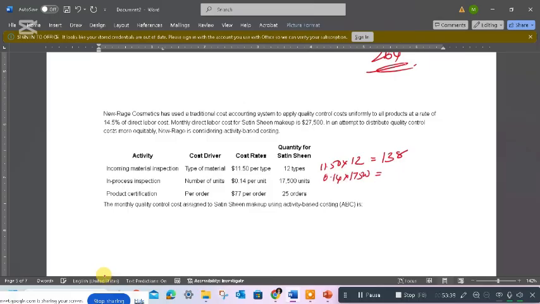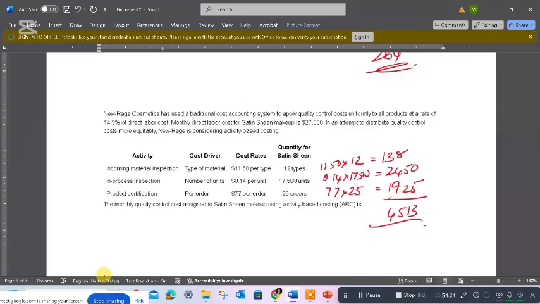Help me with the answer, please. 245. Okay. This one 1925. How much is the total? 4513. The monthly quality control cost.